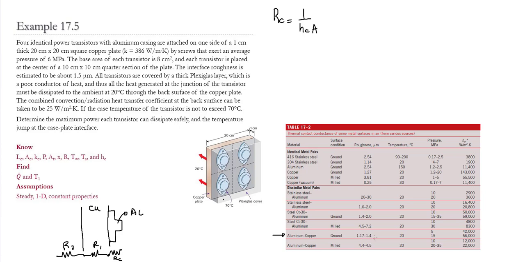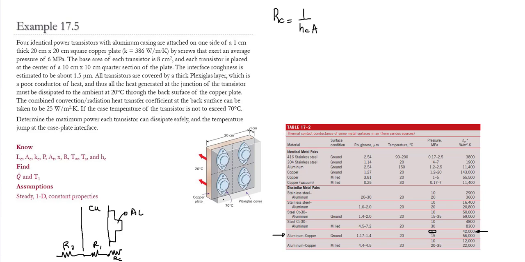Notice that we have a roughness of 1.5 microns. The closest that approximates is 1.4, so it's an approximation. And the pressure is 6 megapascals. The value that is given over here is 5, so that's the closest we're going to have. So the conductance that we're going to use as an approximation is 42,000 watts per meter square Kelvin.